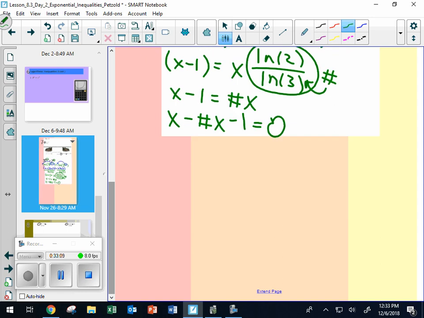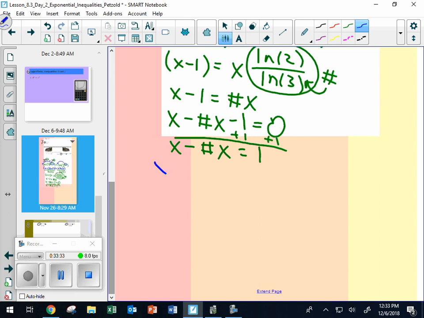So if I continue solving this, I have x minus my number times x is equal to 1 because I added 1 to both sides. And from here, can I factor something out of my left-hand side? Can I factor out an x?